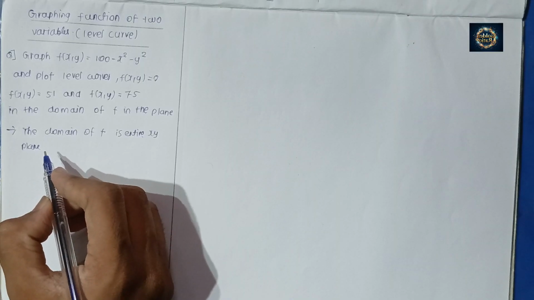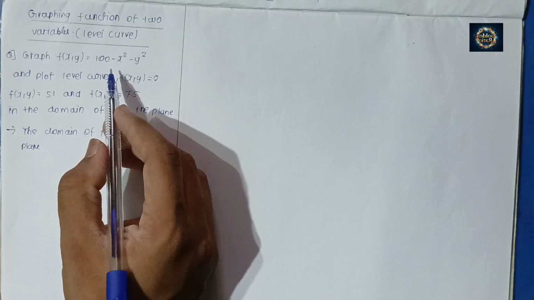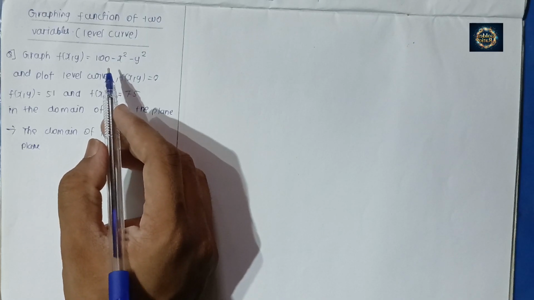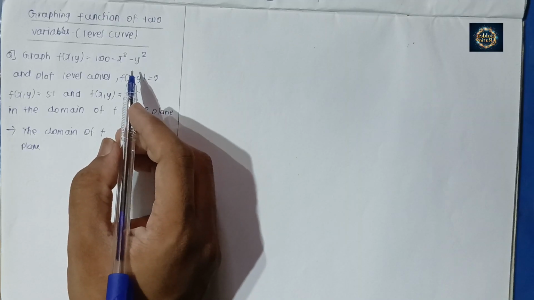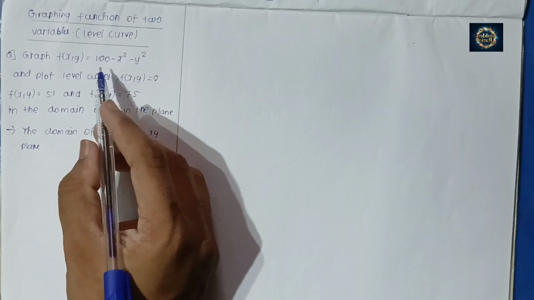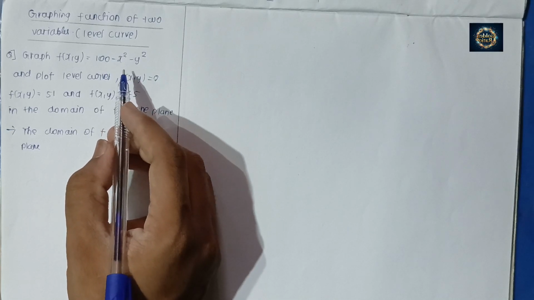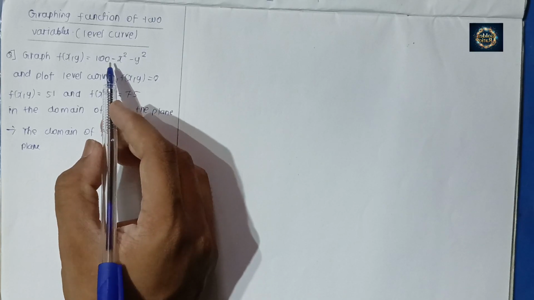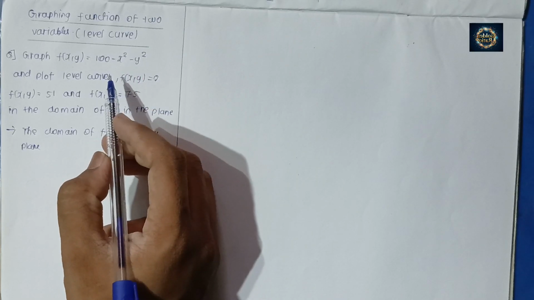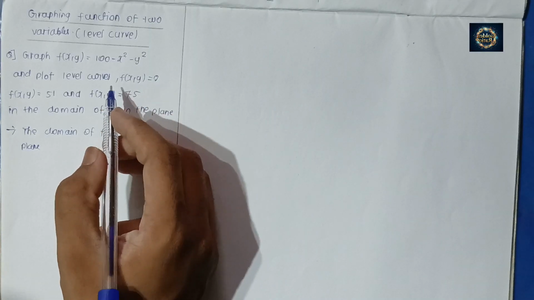And what will be the range? When we observe, the range cannot be greater than 100, since if x² and y² both are 0, meaning x and y are both 0, the value of the function will be 100. Otherwise, if we give any value to x and y, the value will always be less than 100. It cannot be greater than 100. Since there is a minus sign, the output we get is always less than 100.